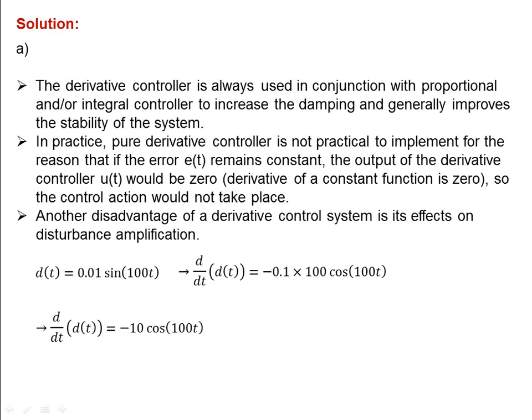After this amplification, you see I have minus 10 cosine 100t, which is much bigger than the amplitude given here. So this is the reason we can't use derivative controllers on their own, because they magnify the amplitude of the disturbance signals.